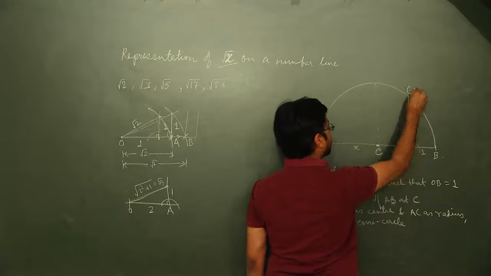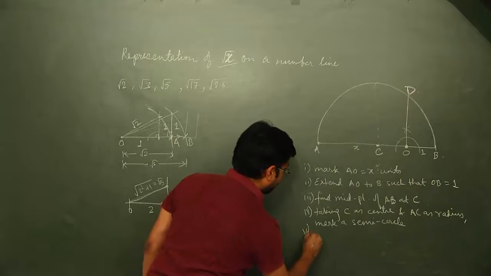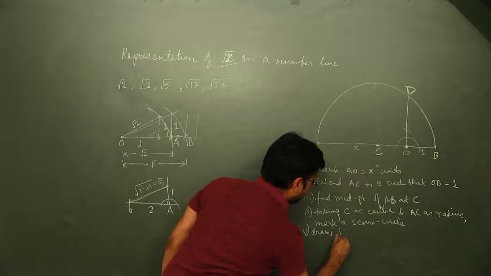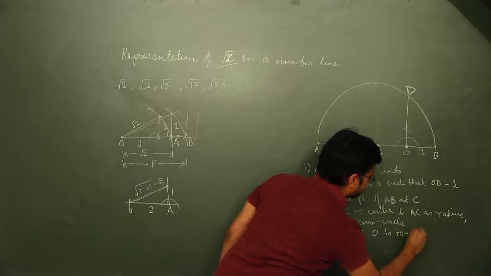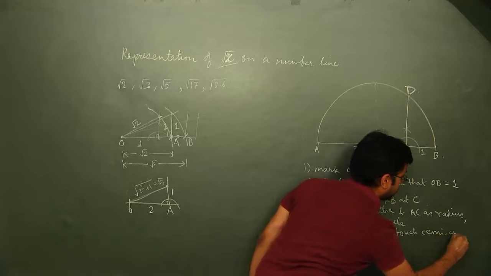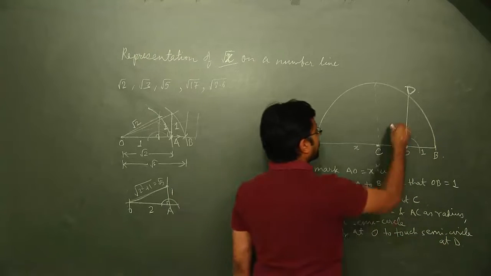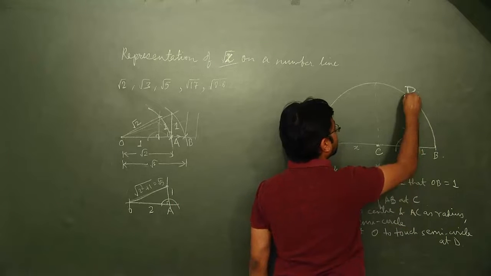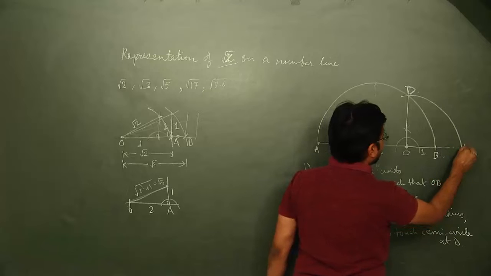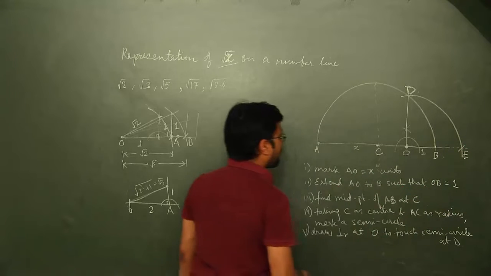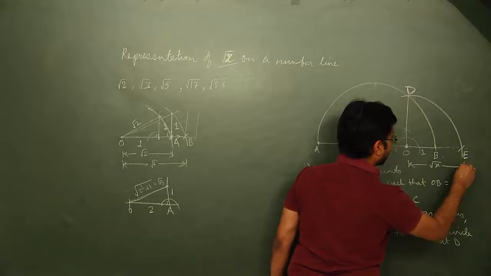This perpendicular, let it be D. So draw perpendicular at O to touch semicircle at D. After that, taking O as center and OD as radius, draw an arc, and OE will be the required point.